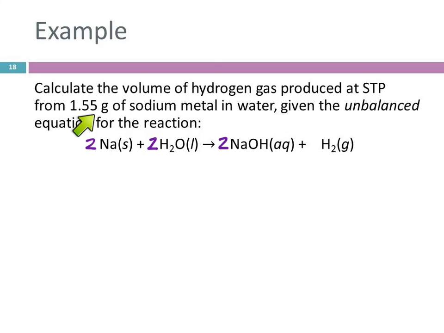Question gives us 1.55 grams of sodium metal. So I'm going to write that under its formula in the equation. What are they asking me for? Calculate the volume of H2. So question mark liters.